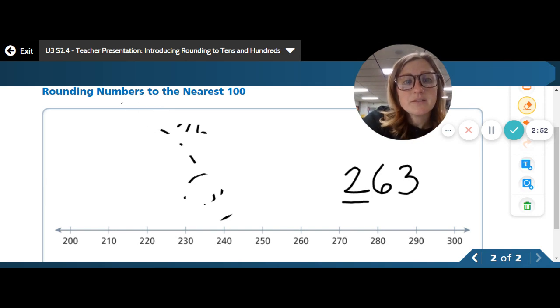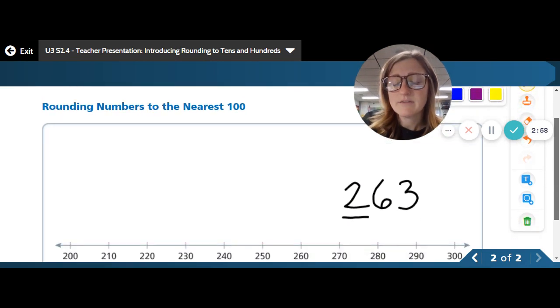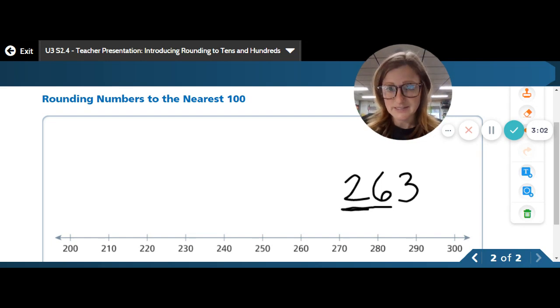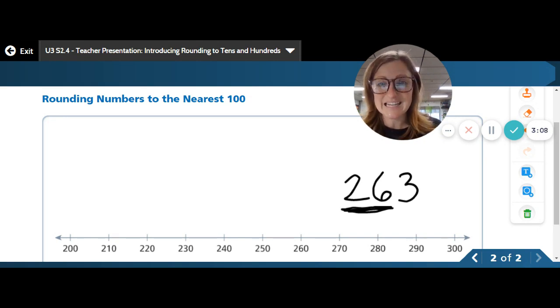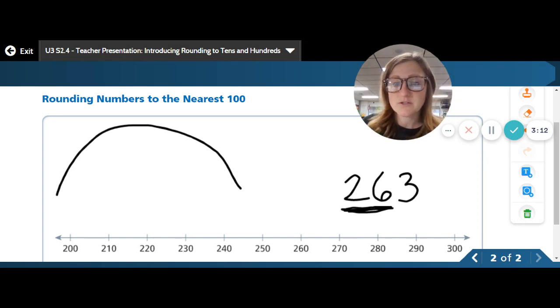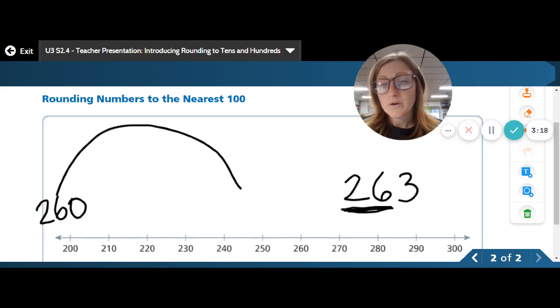So, if I am rounding it to the nearest 10, I have to pay attention to the hundreds and the tens. That means that I'm focusing on this part right there, which is 260. Since my number begins with 260, that is where my mountain will begin, or your line can begin.